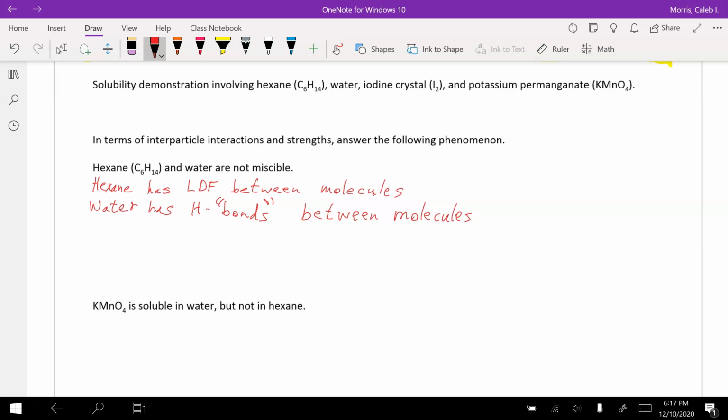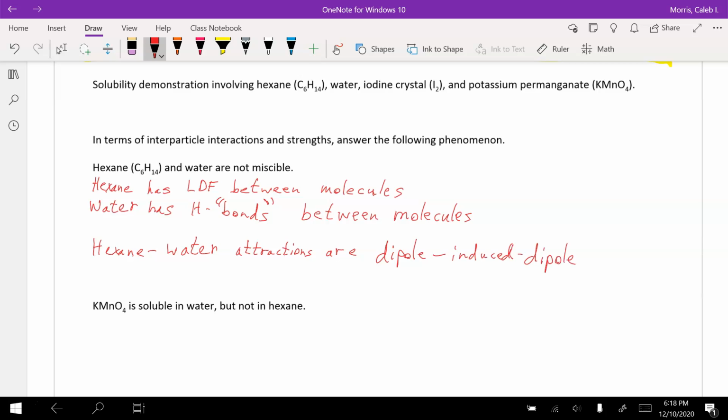hexane and water? Well, hexane and water attractions are dipole. Water's the dipole. Induced dipole.